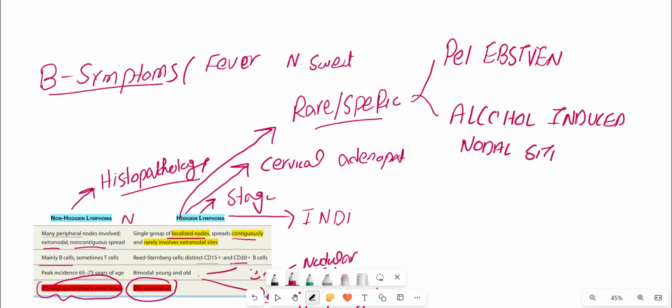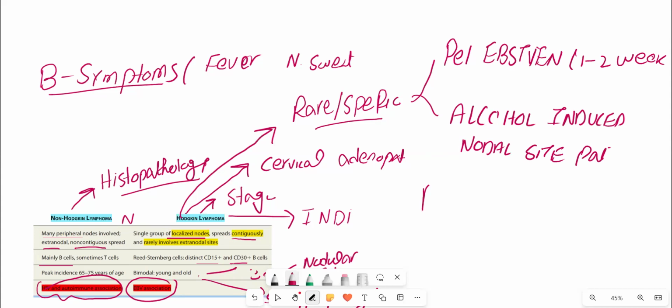What is Pel-Ebstein fever? Basically, it is 1 to 2 weeks of high fever, then it alternates with an afebrile phase.